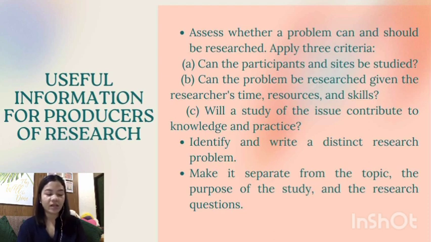So those are the criteria for assessing whether the problem can and should be researched, the first useful information for producers of research. The second useful information is to identify the right, distinct research problem. The third one is to make it separate from the topic, the purpose of the study, and the research question.